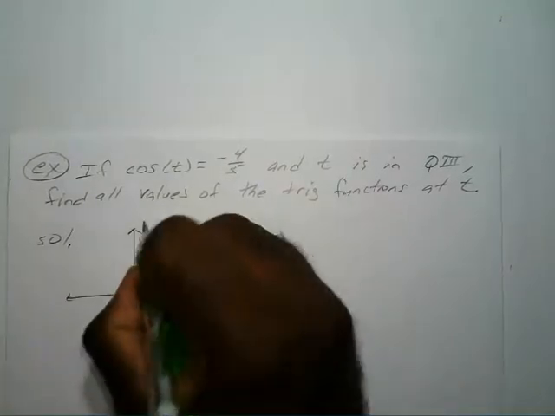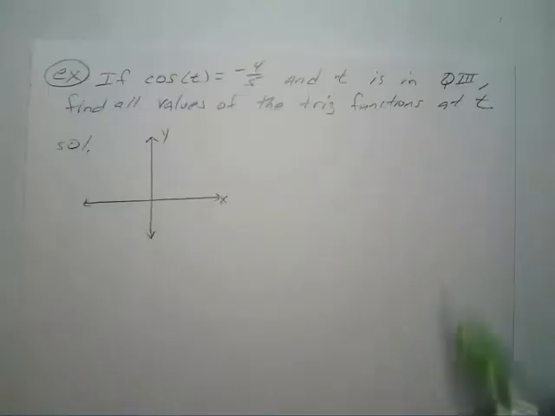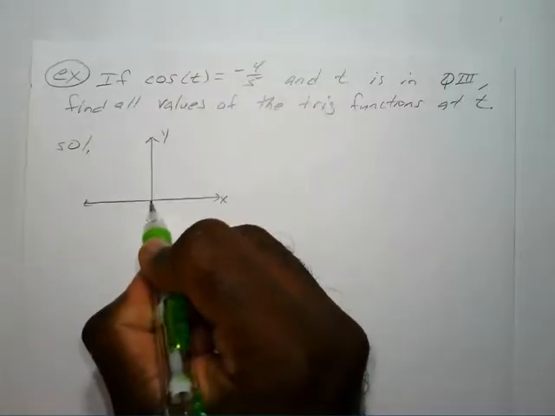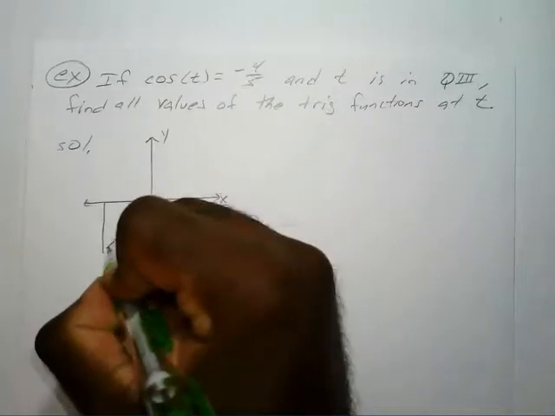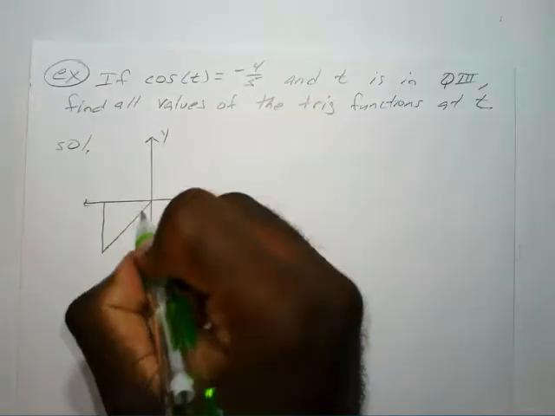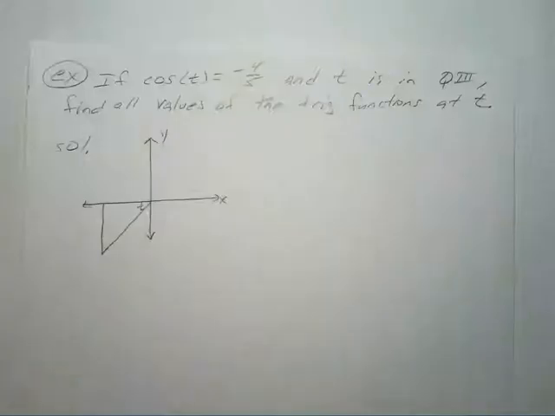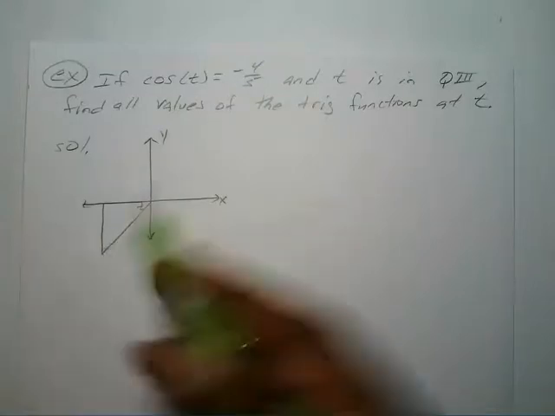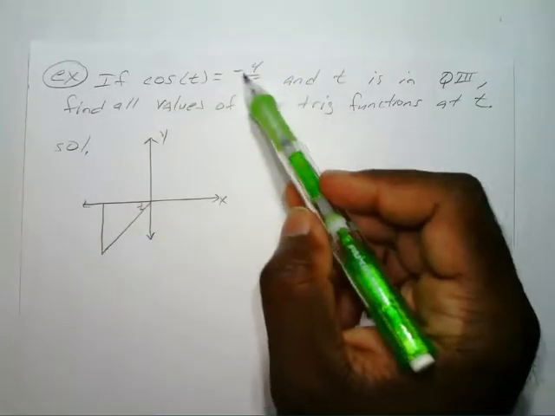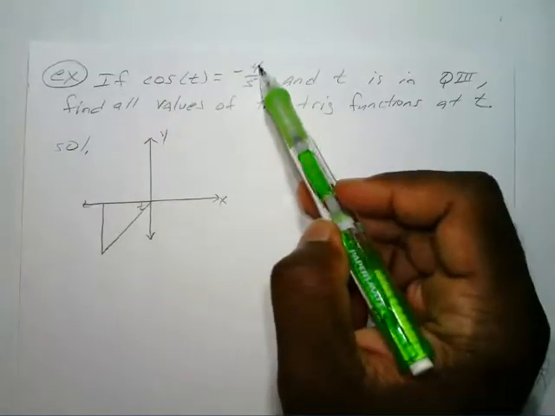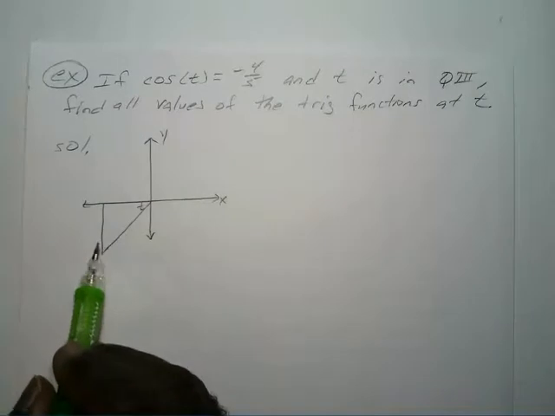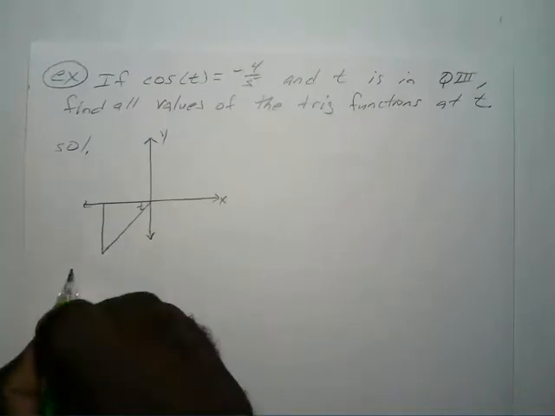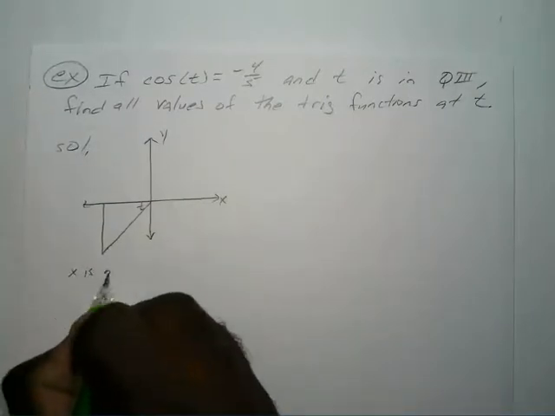We have our X and we have our Y. So if it's in quadrant 3, it's going to look something like that. We know in quadrant 3, this is negative 4 or 5, but we don't know which one is negative yet. So what we do is we look at the quadrant. In quadrant 3, we know X is negative.